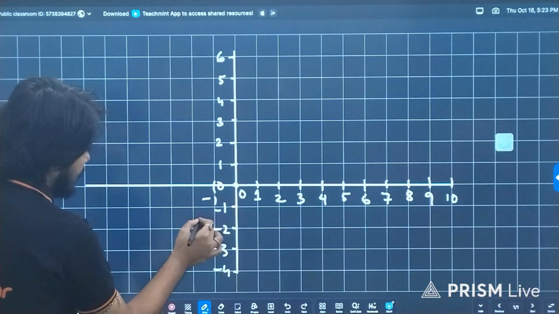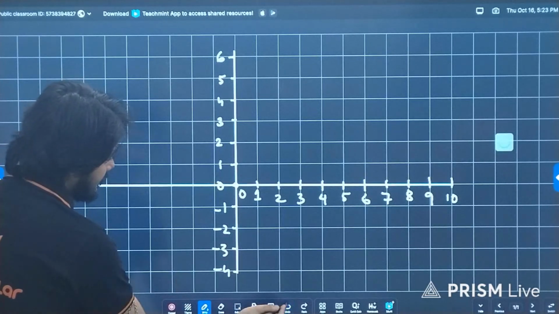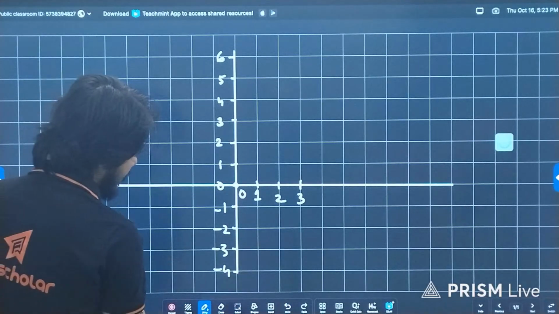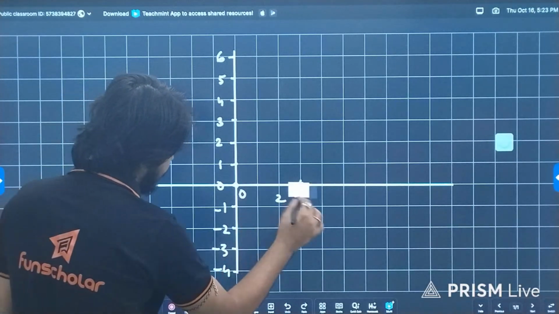This is minus 1. It will be better if I use a different ink.